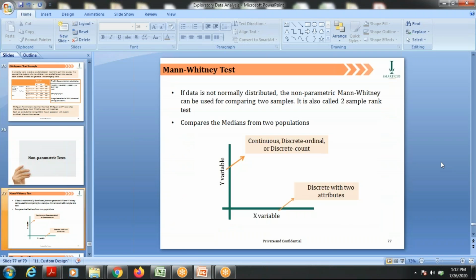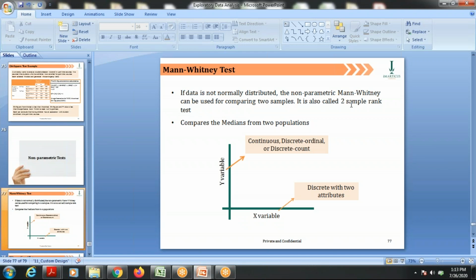Now, coming to non-parametric, in data science we rarely get any non-parametric scenario. There are certain examples which we'll talk about later, but one test for non-parametric is called the Mann-Whitney test. It says that if your data is not normally distributed, then the non-parametric Mann-Whitney test is used to compare two samples.